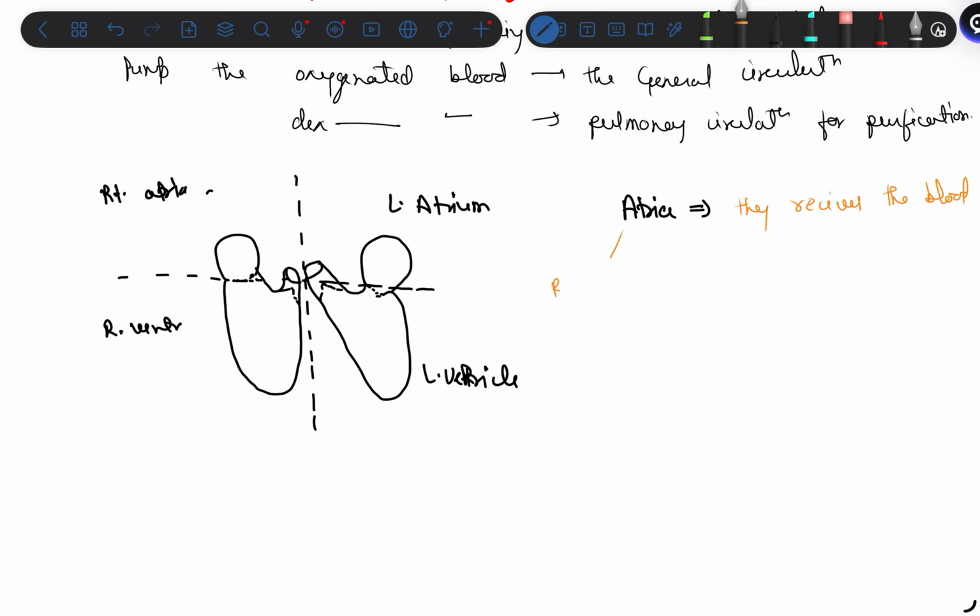The right atria receives the blood from the whole body. The left atria receives the blood from the pulmonary veins.